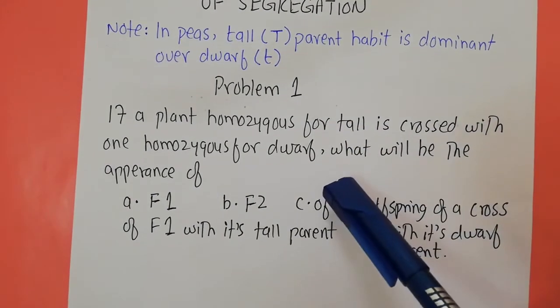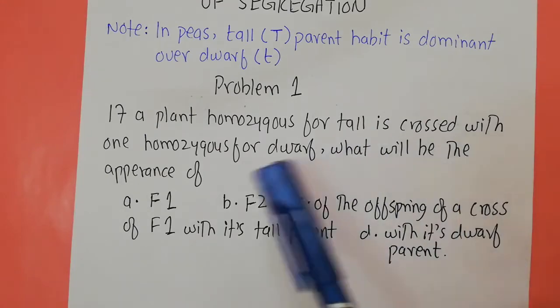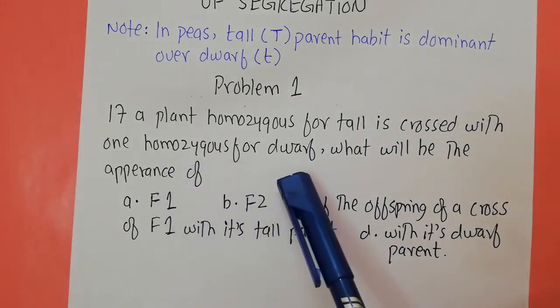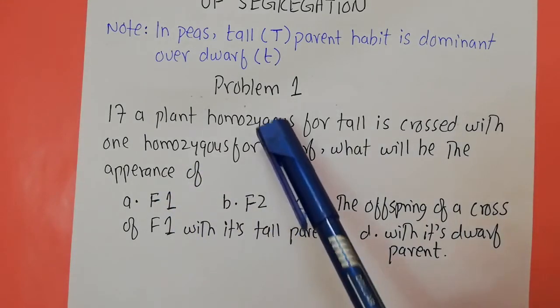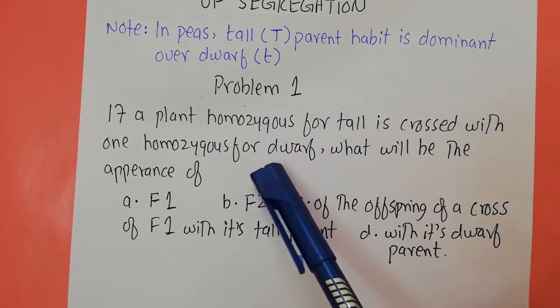Now, this problem states that a plant homozygous for tall is crossed with one homozygous for dwarf. This statement is giving you the genotype of the parents that you are going to cross with one another.